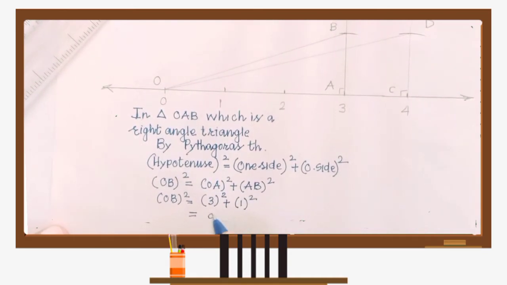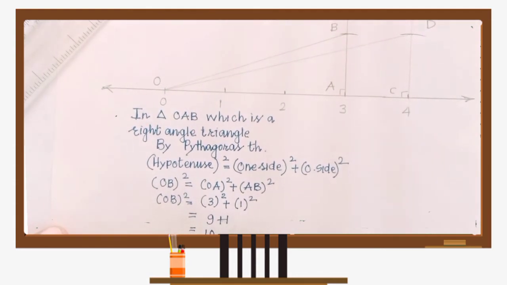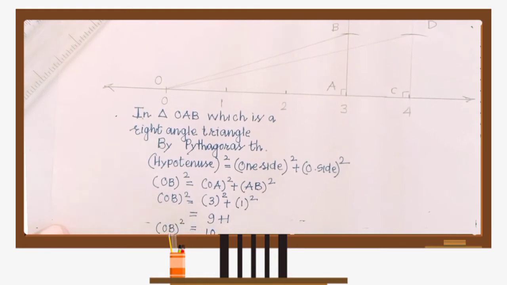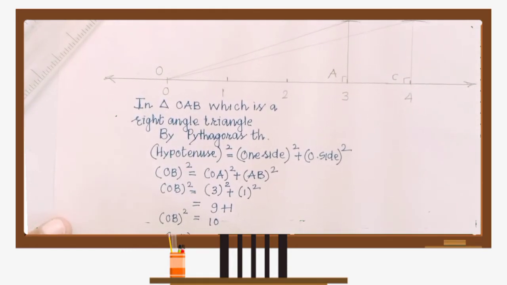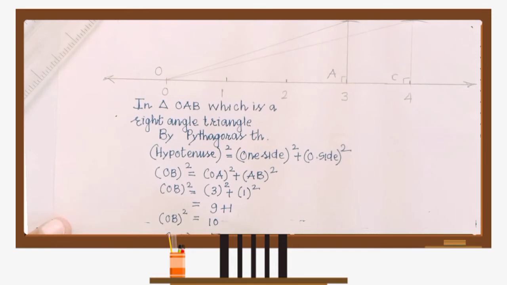It is 9 plus 1, it is equal to 10. So OB square is equal to 10. Taking the square root on both sides, OB is equal to root 10.